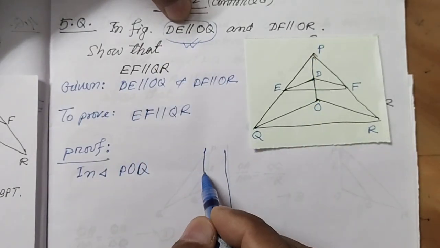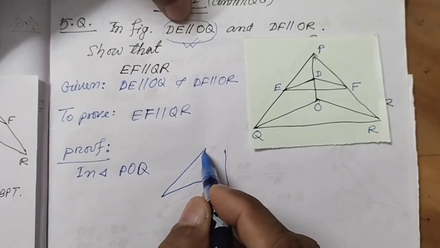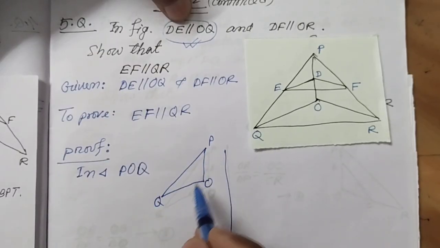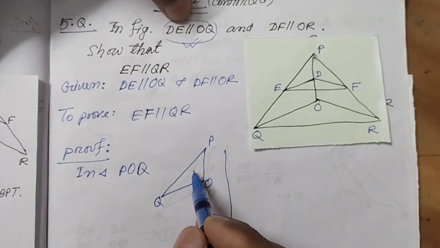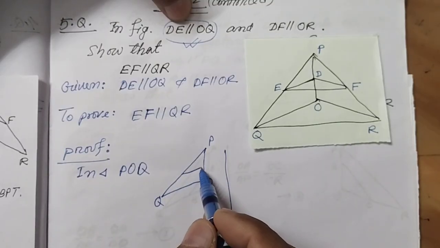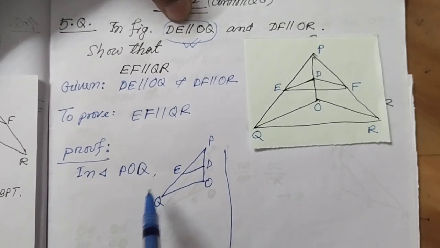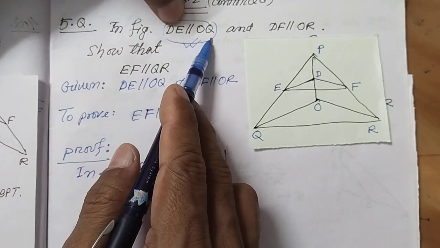So just drawing separately here to make it easy. I am taking out the part POQ of this diagram, and this part is a triangle where it is given DE parallel OQ.